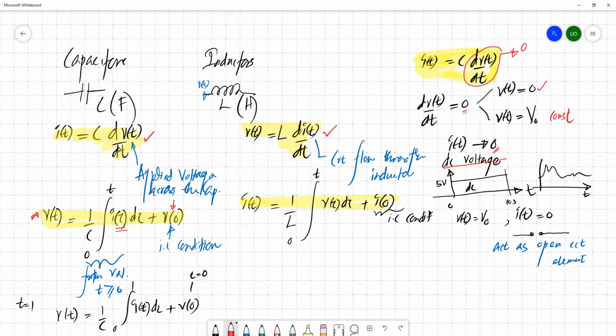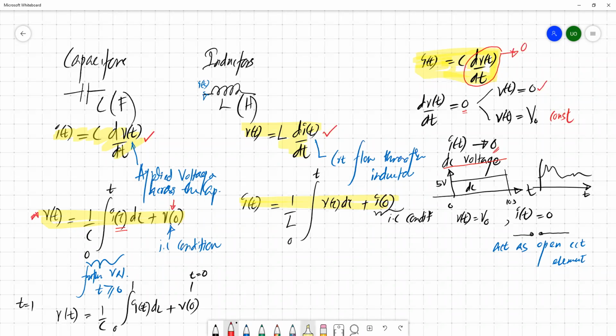For example, if you take a DC power supply, set the voltage to 5 volt and apply it to the capacitor for 1 minute, during that minute you are applying 5 volt to the capacitor. So a DC voltage appears across the capacitor terminal, the derivative becomes zero, and the induced current is zero.